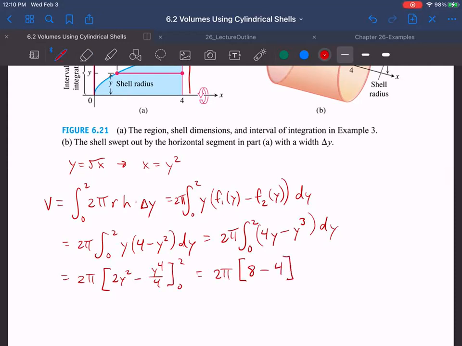And then minus 0, we'll plug the zeros in. And so we have 8 minus 4, which is 4. And then 4 times 2 is 8. And then 8 times pi is 8 pi.